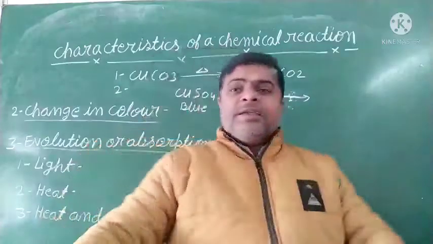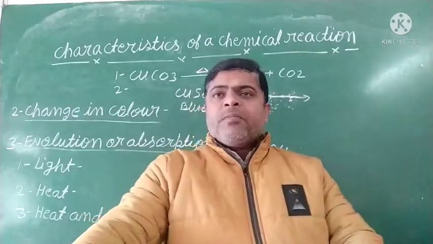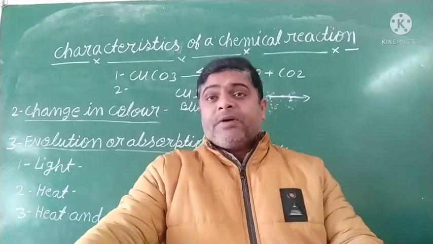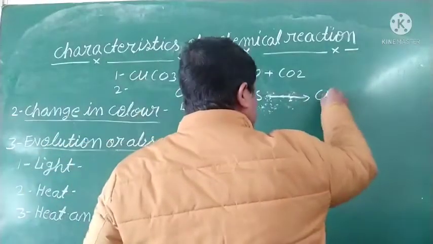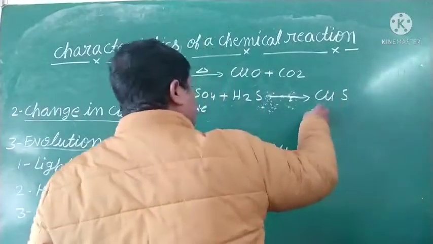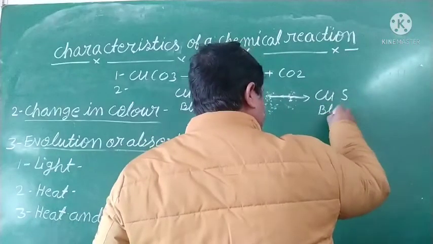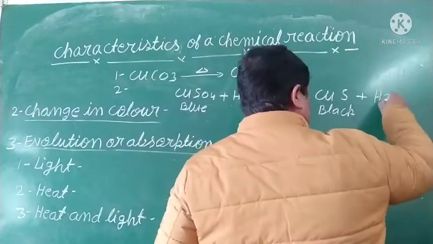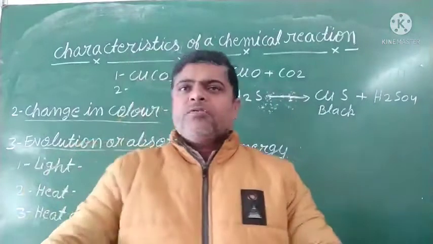When it reacts with H2S, or hydrogen sulfide, it forms copper(II) sulfide. And what is the formula? CuS. This is copper(II) sulfide. This is black in color. And it releases sulfuric acid.